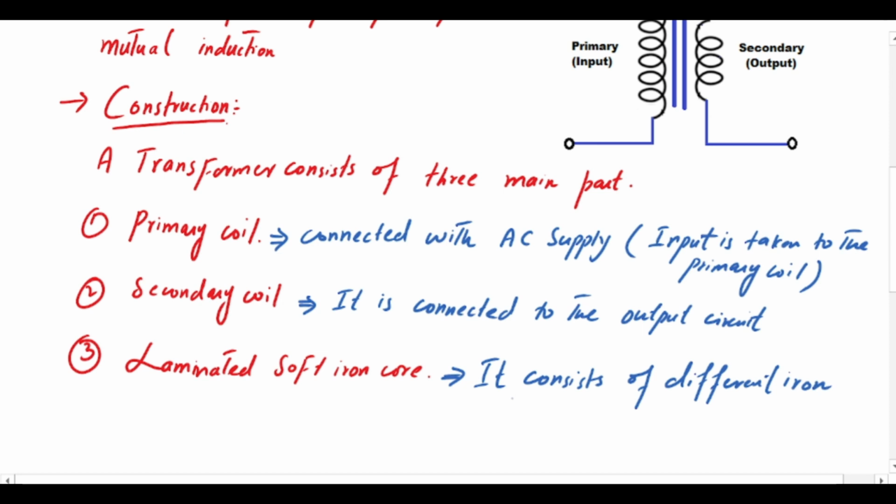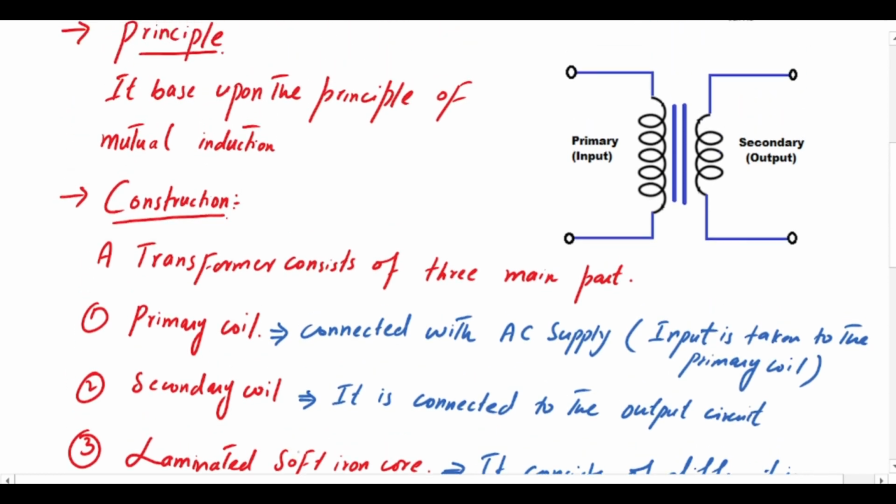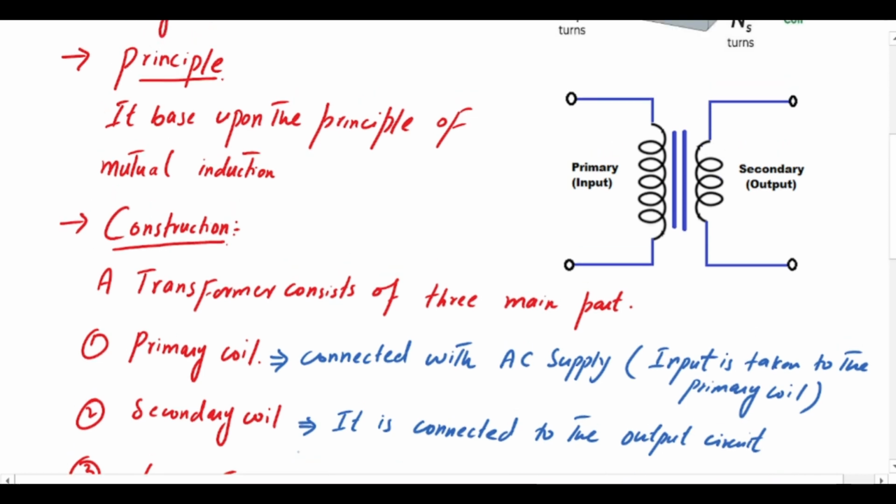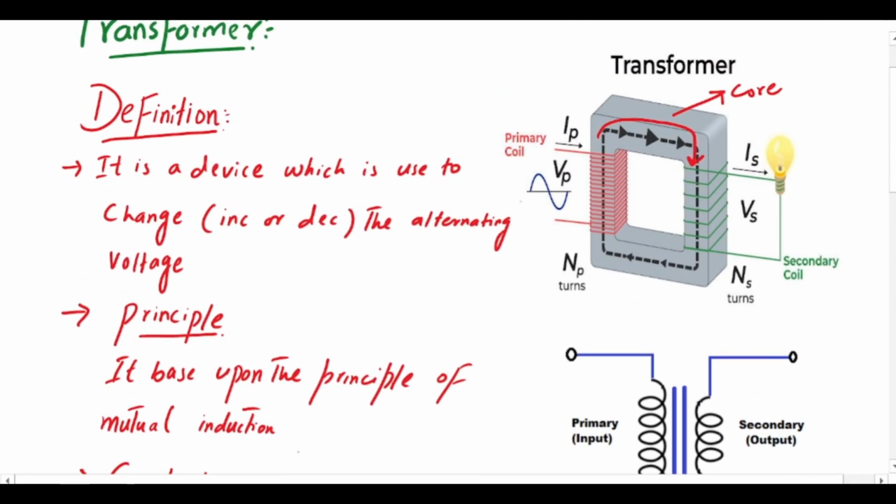So it consists of different iron sheets separated by insulating medium. Any confusion? No, sir. So this one is the primary coil, secondary coil, and in between we have the iron core, which is in the form of strips.